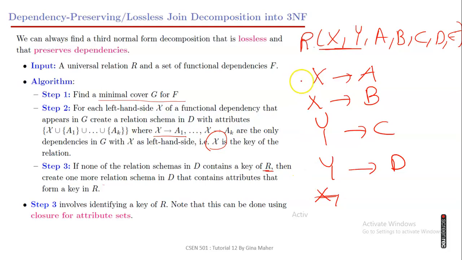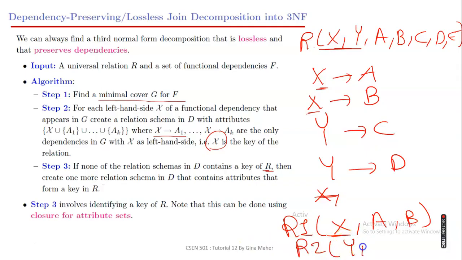Now, what shall we do? We should make a relation, getting all the right-hand sides that belong to the same X in one relation. So we are going to make R1 with X, A, B, where X will be a super key. Relation 2 with Y, C, D. Okay, now after decomposing, we don't have a relation that has the primary key of the original one. So in this case, we are going to make another relation, putting the primary key together with any remaining attributes, which is in this case the A.